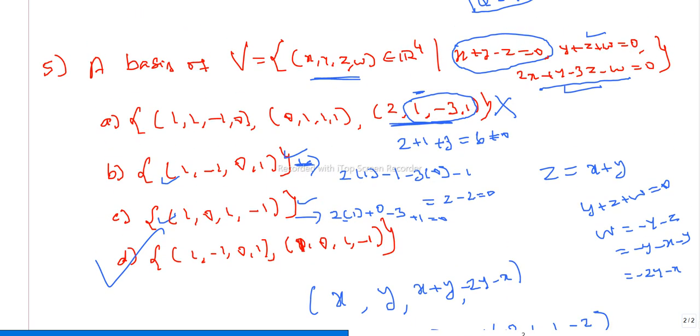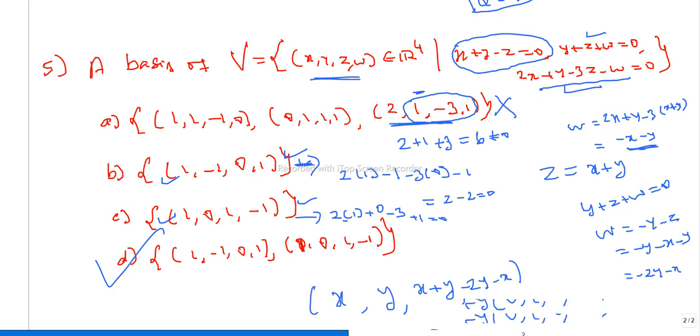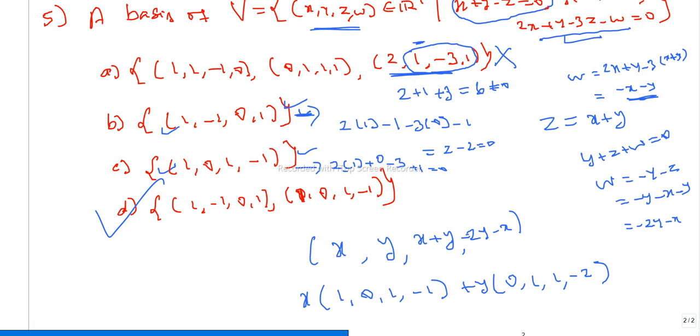Otherwise you can use the third equation: w equal to 2x plus y minus 3z, but z is nothing but x plus y. So therefore we get minus 3x, we get x, and then we get minus y. Yeah, w should be x minus y, not 2y minus 2x. Now we will get 1. Therefore from this we can conclude that these two are bases.